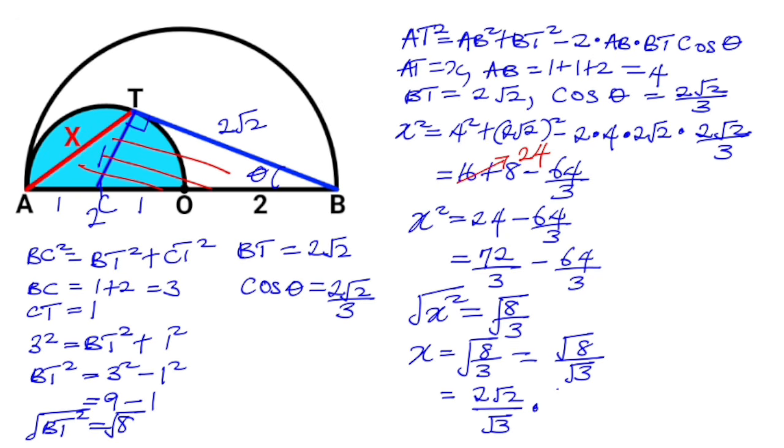To rationalize, we multiply both the top and bottom of the fraction by the square root of 3. This leaves us with 2 times the square root of 6, all divided by 3. Hence, the exact length of x is 2 times the square root of 6, all divided by 3, which is approximately 1.633 units.